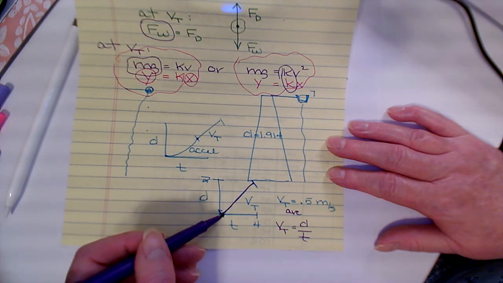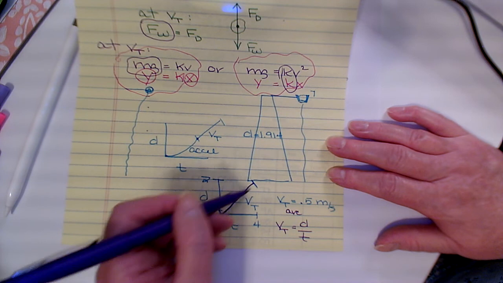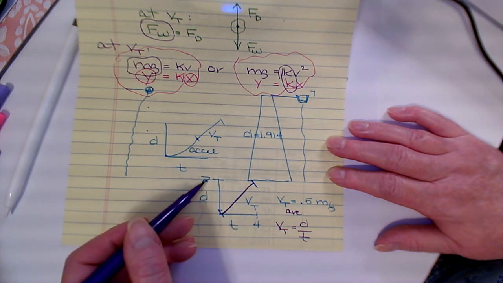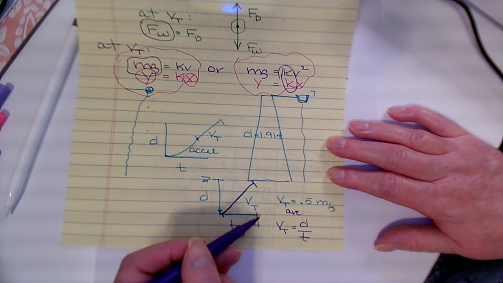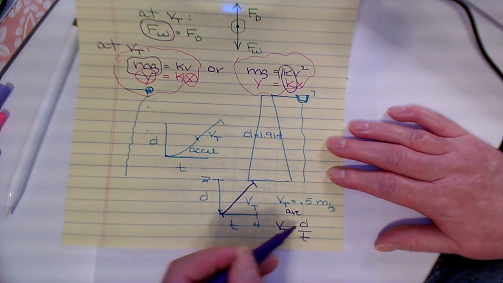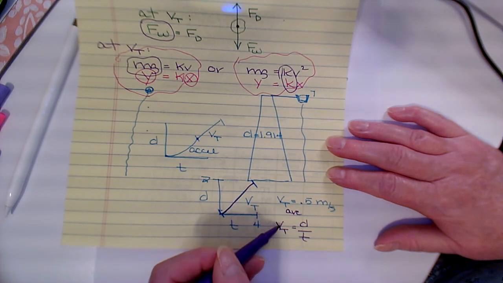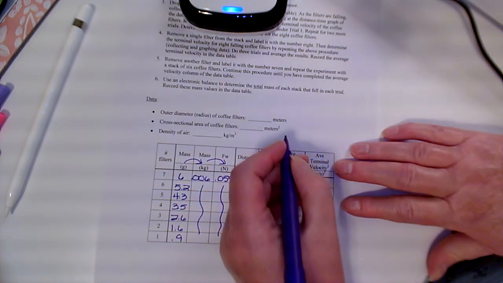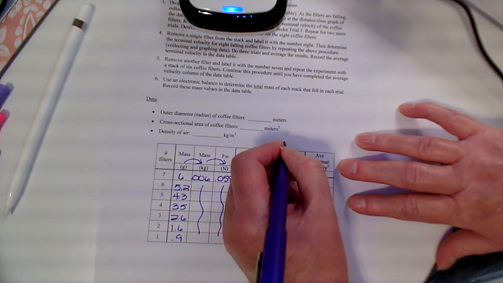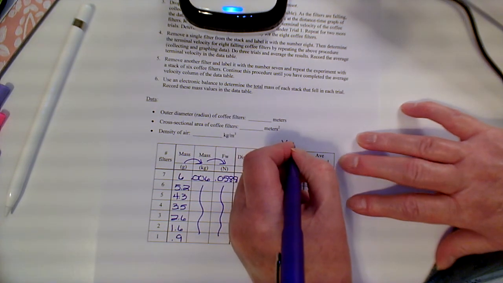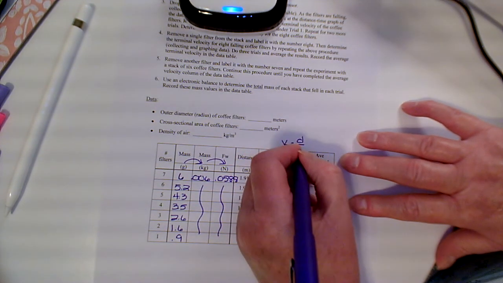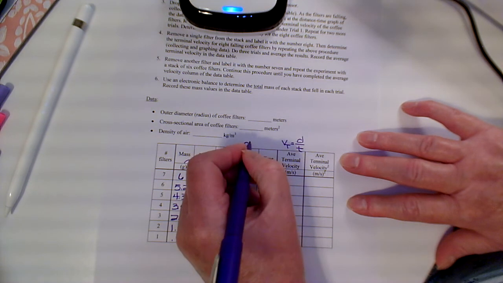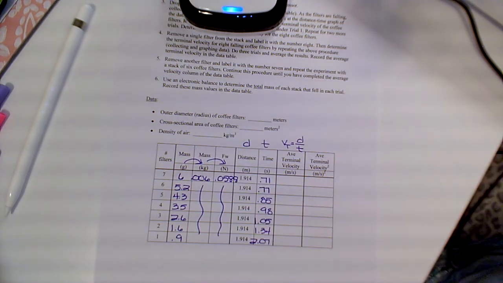So basically, I can just find the slope of this line, which really is just the distance over the time. So constant velocity, distance over time, and that constant velocity is the terminal velocity. So quite simply, average terminal velocity, VT, equals distance over time. So this distance column divided by this time column.